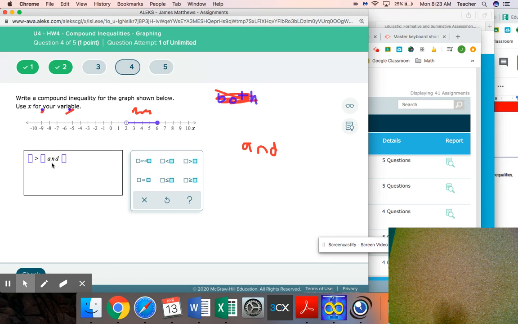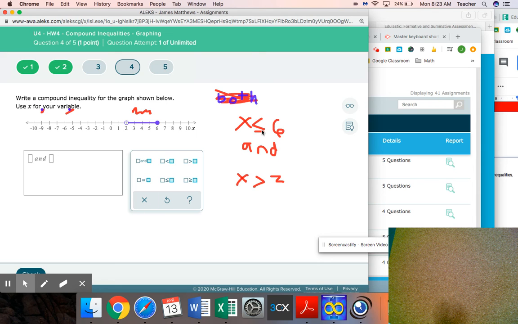Actually, the order doesn't matter. Let me just do some writing on it, in fact. I'm going to show that my x's are going to be, on one hand, greater than something, in this case, 2, and my x's are going to be less than or equal to, because of the closed dot, 6. Those are my two. I'm going to write that here.